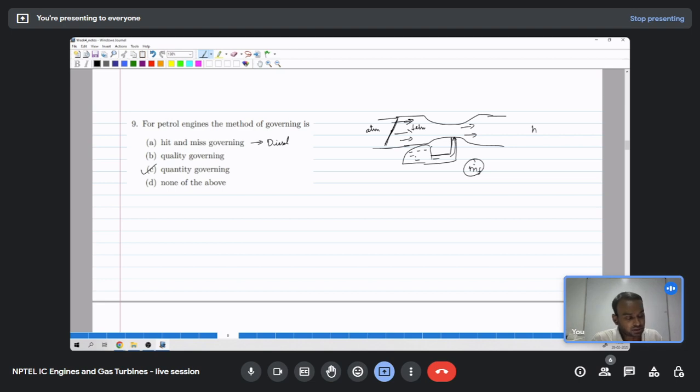All these parameters will decide the m dot f. So that is why we call this quantity governing. I hope that is clear. Yes, sir, that's clear.